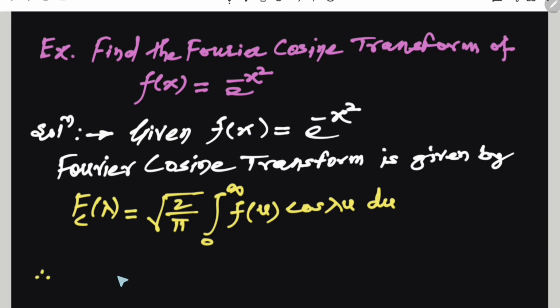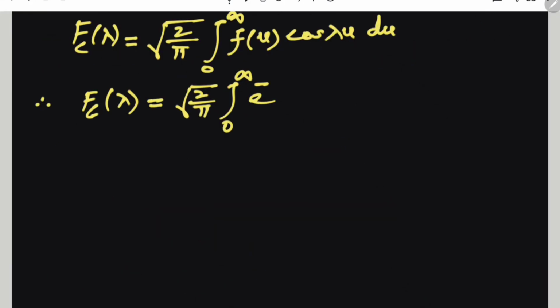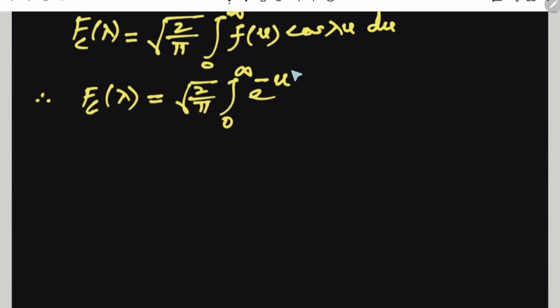Substituting the value of f of u by replacing x by u in f of x, we get F c lambda is equal to square root of 2 by pi integration from 0 to infinity, f of u is e raised to minus u square, into cos lambda u du, and we call this equation number 1.